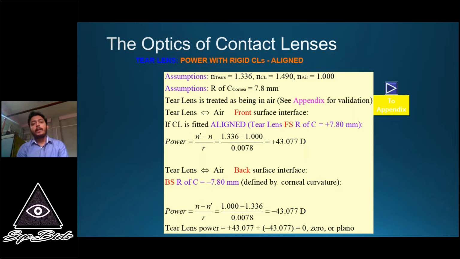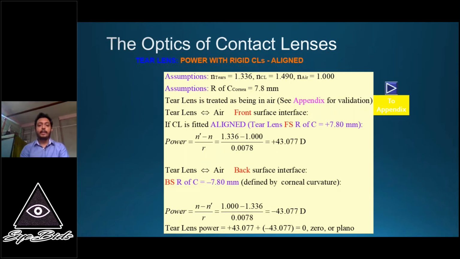The assumption is the refractive index of the tear is 1.336, the refractive index of the contact lens is 1.490, and the refractive index of air, all of us know, is 1. The radius of curvature we have taken here is 7.8, the radius of curvature of the cornea. Now we will see how the power is actually changing.